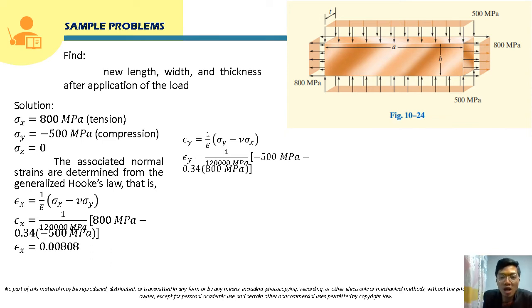This will become 1 over 120,000 megapascal times negative 500, that is our sigma y, minus our Poisson's ratio of 0.34 times our sigma x of 800. Solving this, if you input this in your calculator, the value will be negative 0.00643. The negative sign here, class, indicates that the strain in the y direction is compression.